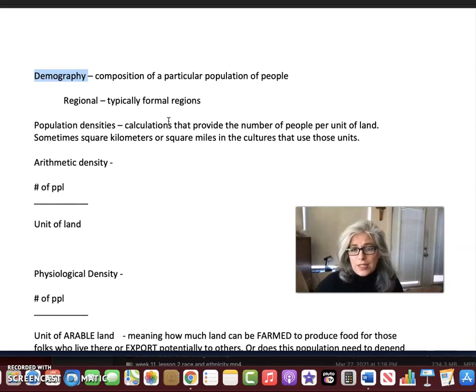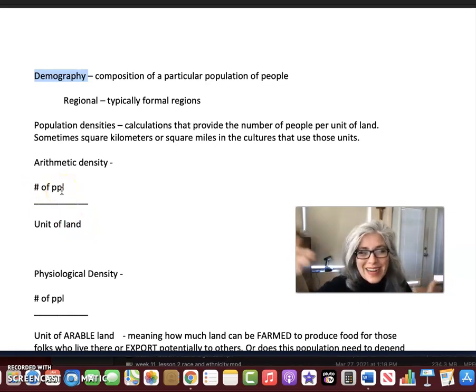So the population can easily be found just by asking Siri for that information. Population density has to be calculated. So if, for instance, you're talking about the population density of a city like Little Rock compared to Pulaski County that it's a part of, you would ask how many square miles are in Little Rock compared to how many people live there.